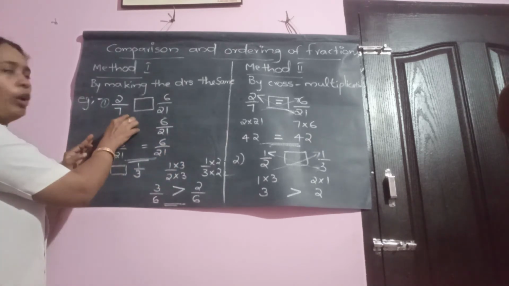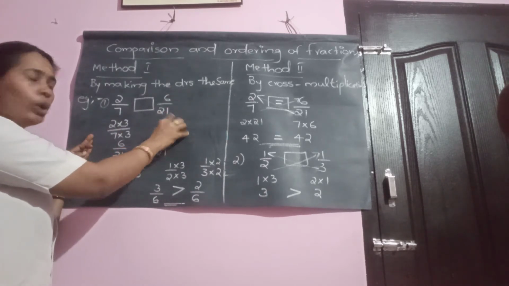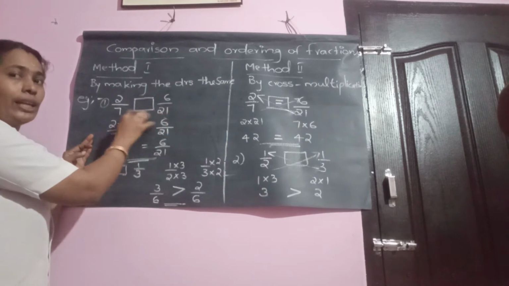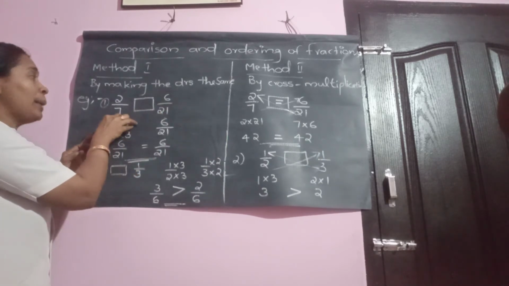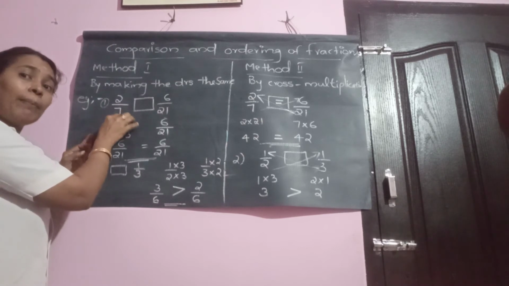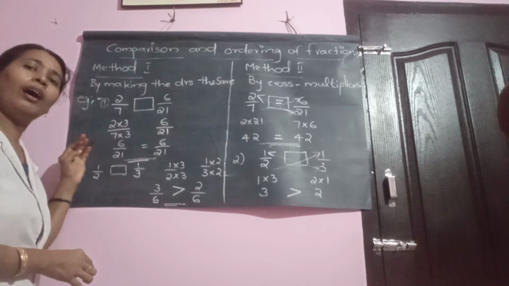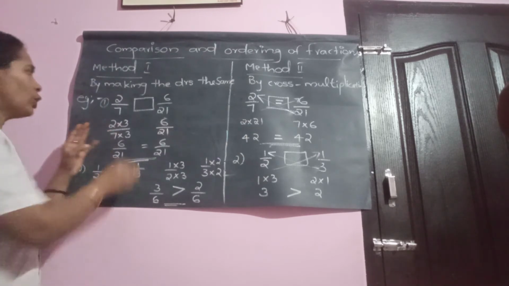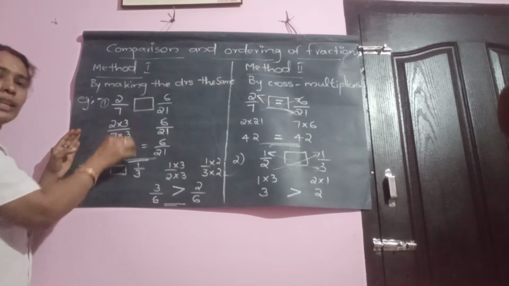So look at the denominators. First one is 7, second one is 21. There is a relation between 7 and 21, isn't it? 21 is a multiple of 7. Which number do we need to multiply by 7 to get 21? 3 is enough, isn't it? So multiply both numerator and denominator by 3.